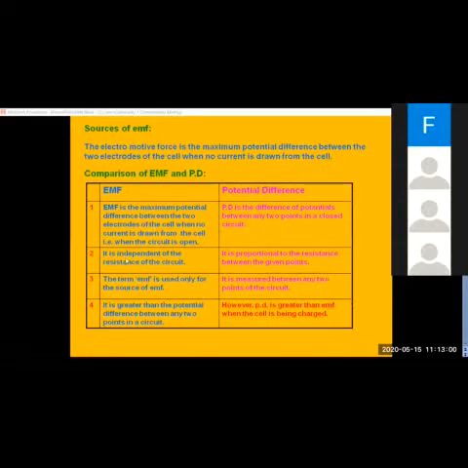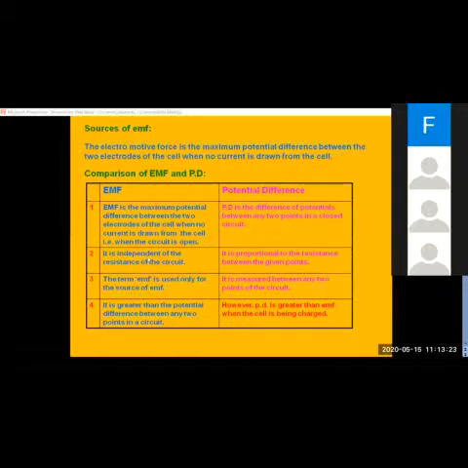Second difference, EMF is independent of the resistance. Resistance does not have any impact on your EMF, whereas in potential difference, resistance will be proportional. So first difference, EMF is in open circuit, potential difference is in closed circuit.